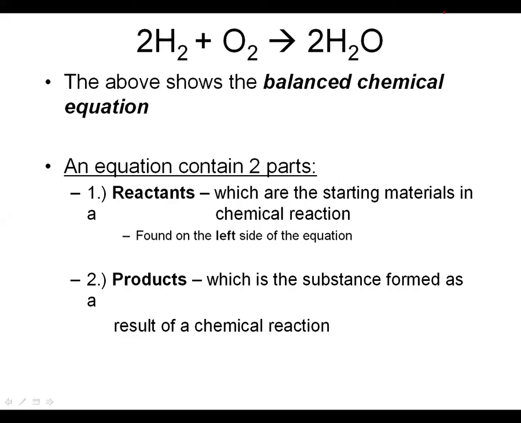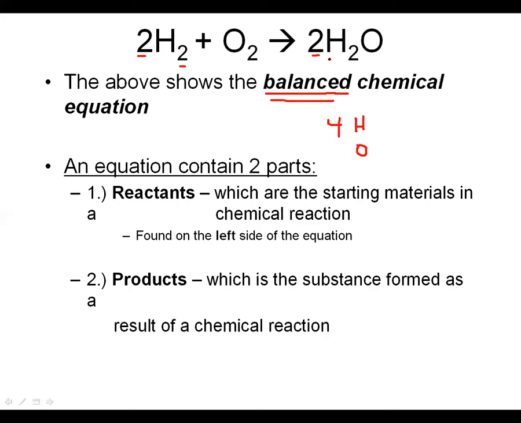So up on top here, we have 2H2 plus O2 forms 2H2O. And this is what is known as a balanced chemical equation. When we use a chemical equation in chemistry, you always want to make sure it's balanced. So what does that mean? It means that on the left-hand side, if we look at the elements involved, there's 2 times 2, which is 4 hydrogens.